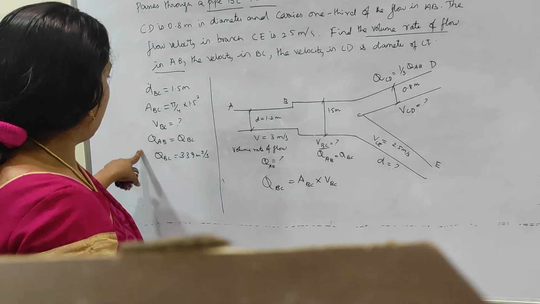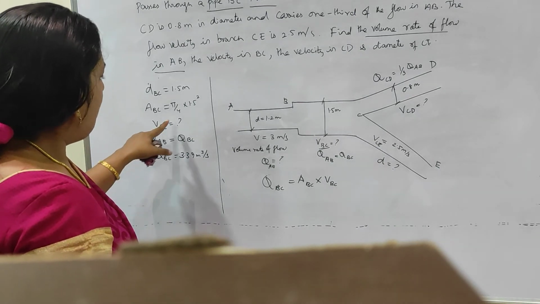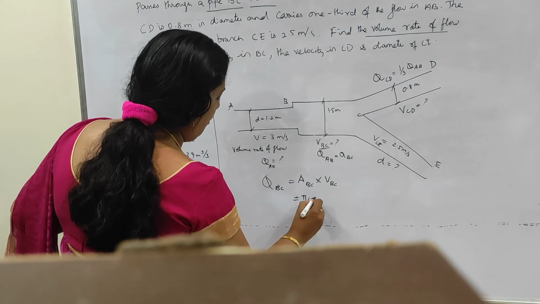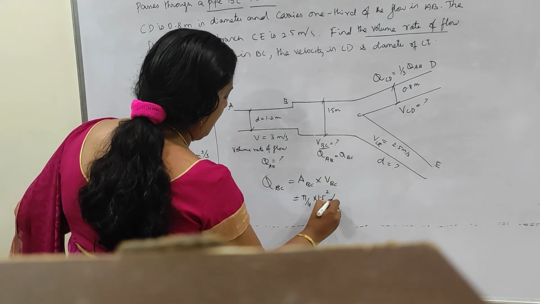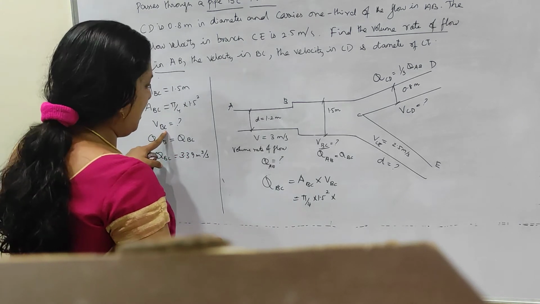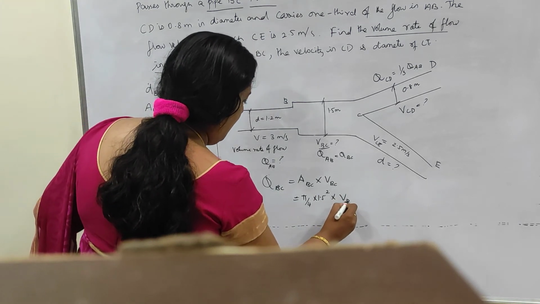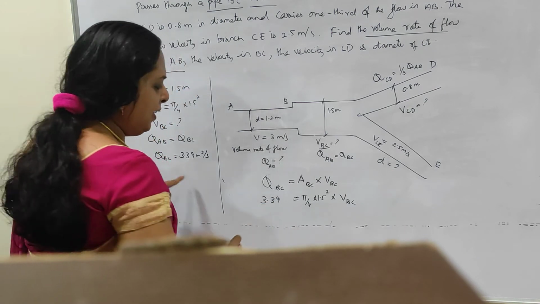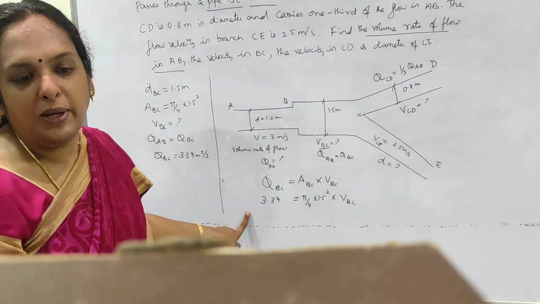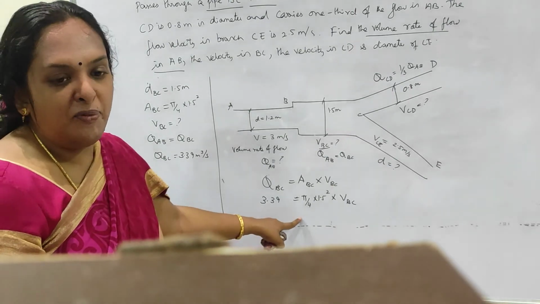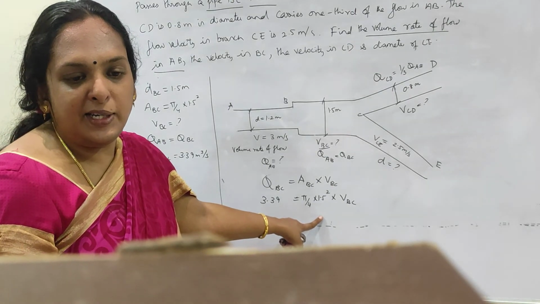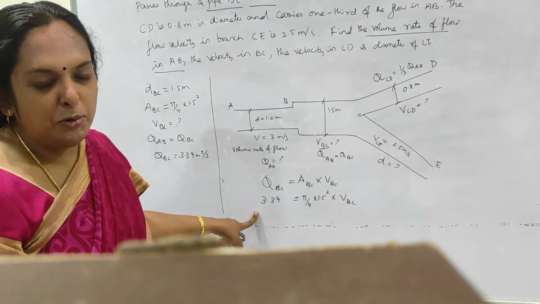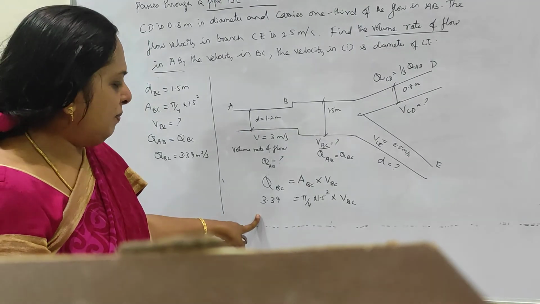The area here is pi by 4 into 1.5 squared, and the velocity is the unknown, which we don't know. And the discharge here we know is 3.39. So we know every value here, pi by 4 into d squared and the discharge, and you will be able to find out VBC. So this is one way of finding VBC.